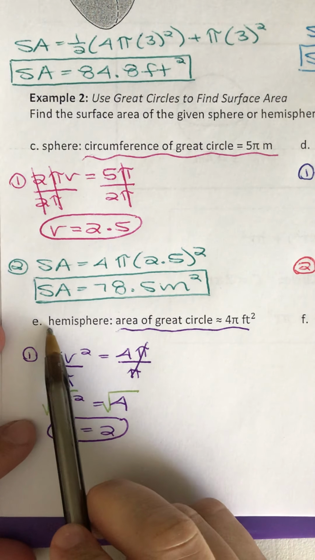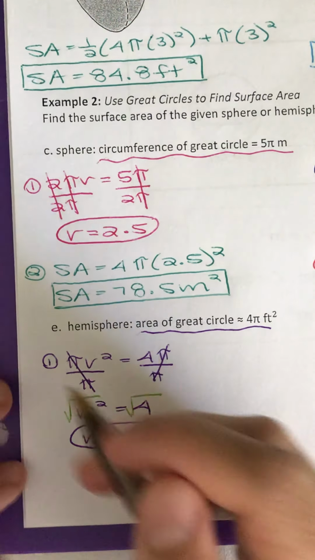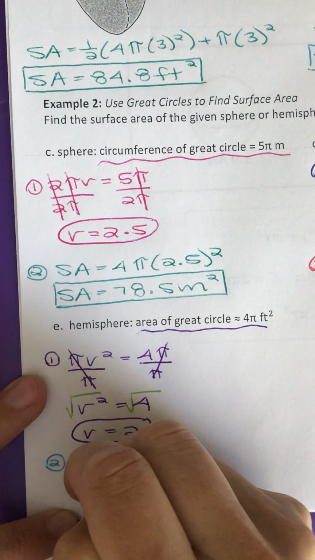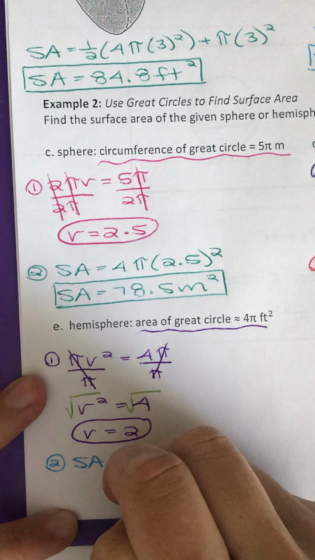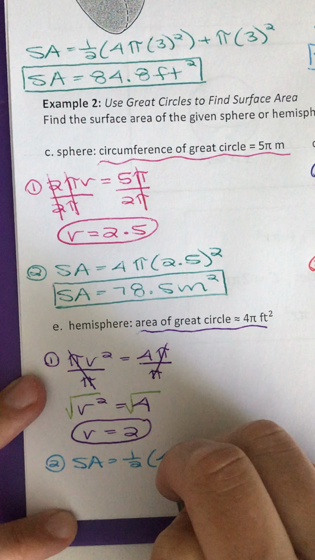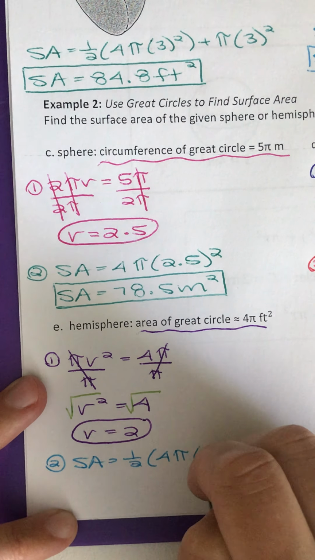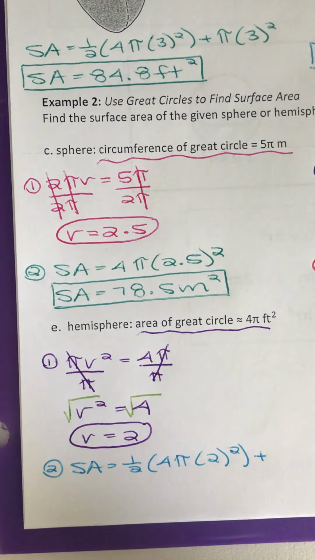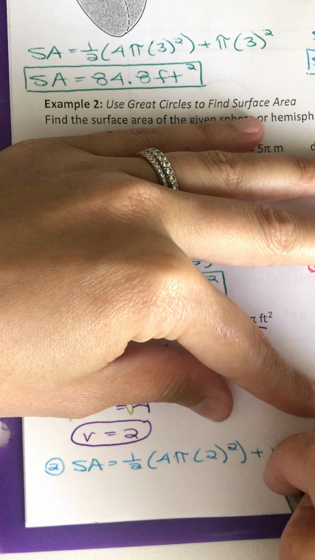But remember, this time I'm looking at hemisphere. I want to find out what the hemisphere is. So when I do my surface area, I have to use my hemisphere formula, which is 1/2 4 pi 2 squared plus pi 2 squared.